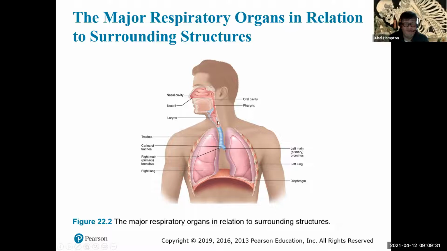Here we have our larynx. Now the epiglottis right here, we'll get back to, is a doorway, kind of a trap door that blocks off the trachea so that food, when you swallow it, goes down into the esophagus, down into the stomach here, not down into the trachea.